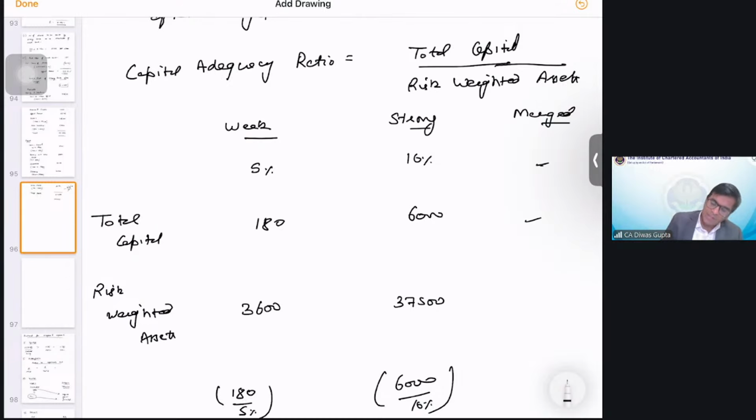The percentage is then outcome, but we can just simply take the risk weighted assets total, which is 37,500 plus 3600, which is 41,100. Yeah. And this comes out to be 41,100.